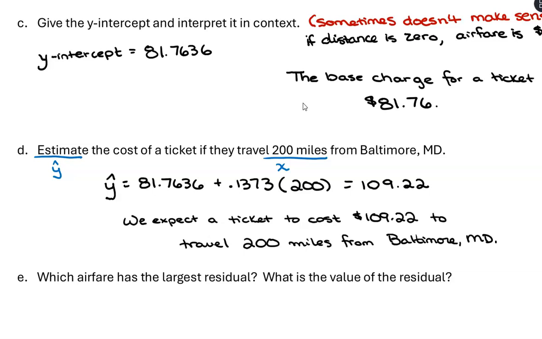All right. And again, a key word in there is that we expect a ticket to cost. It isn't for sure, but that's our prediction based on the equation of the line.